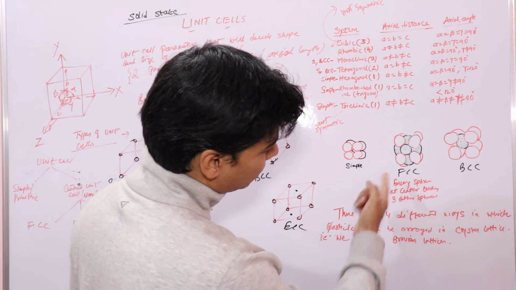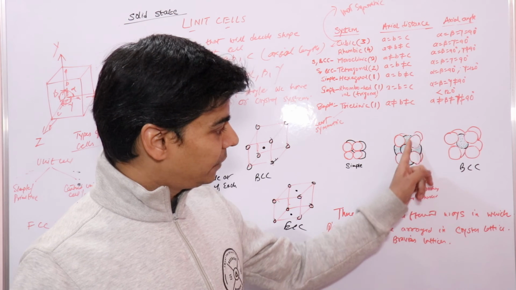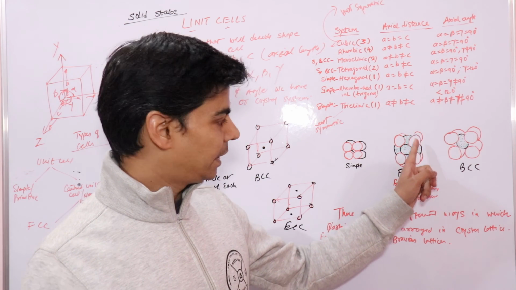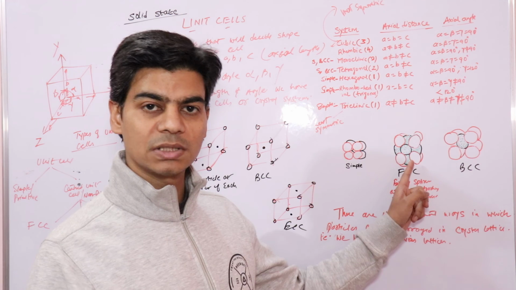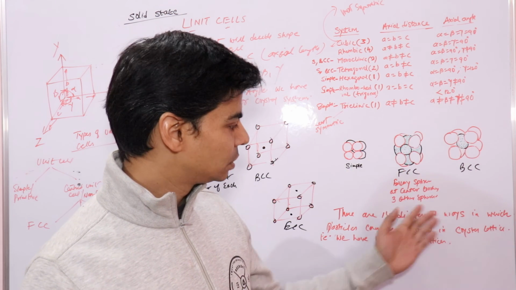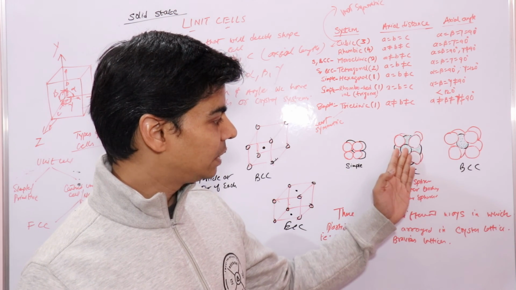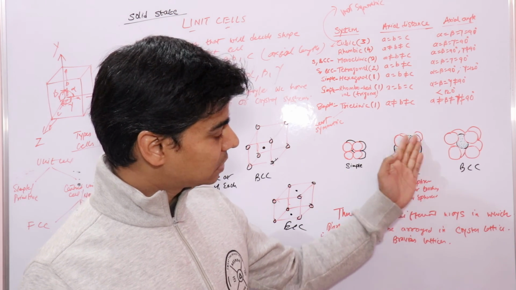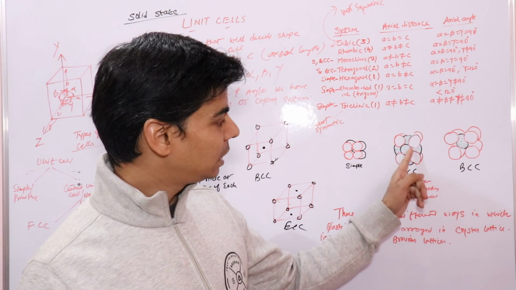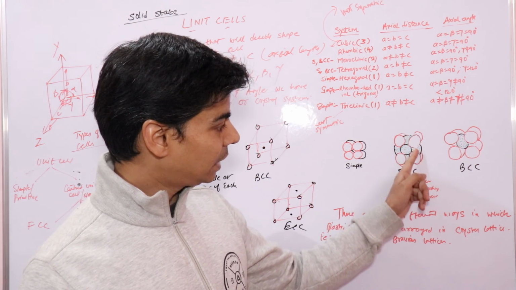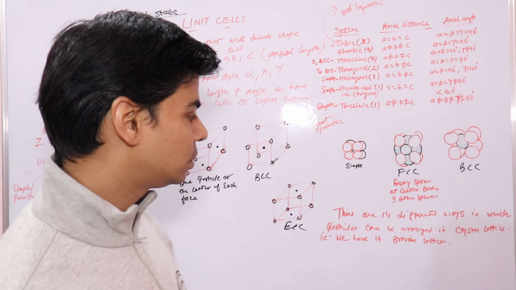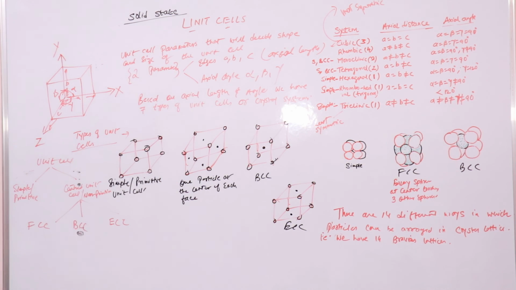The number of spheres that a particular sphere at the corner is touching are its closest neighbors, and that number of closest neighbors is your coordination number. I hope all this is clear to you.